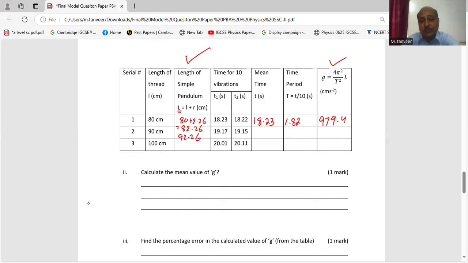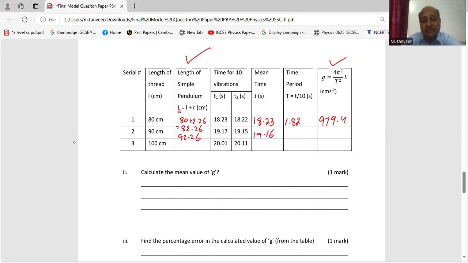You will find the mean value: 19.17 plus 19.15 plus 19.7, divided by 2. Same, you will repeat this and your answer will be mean time 19.16.